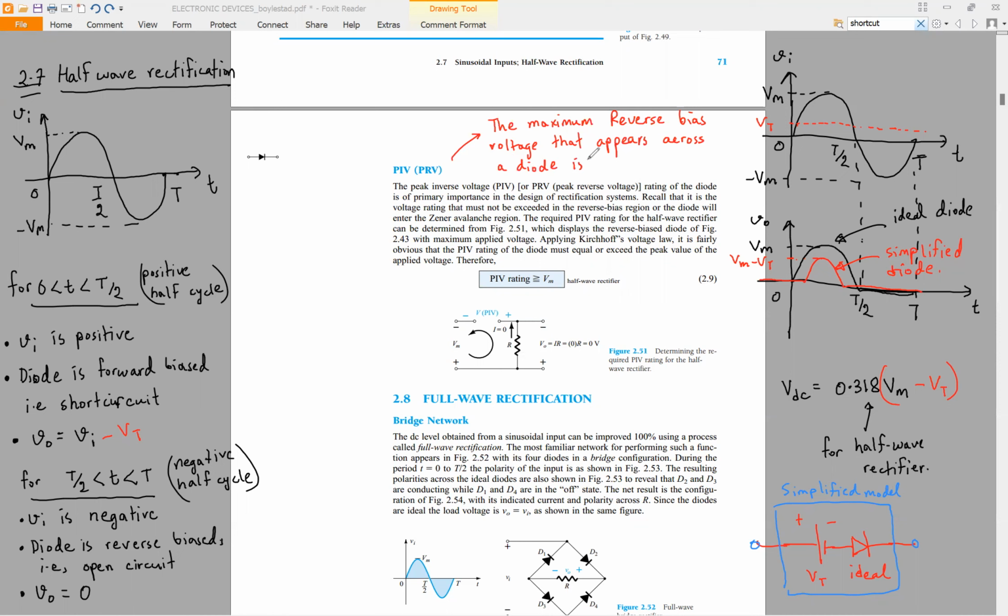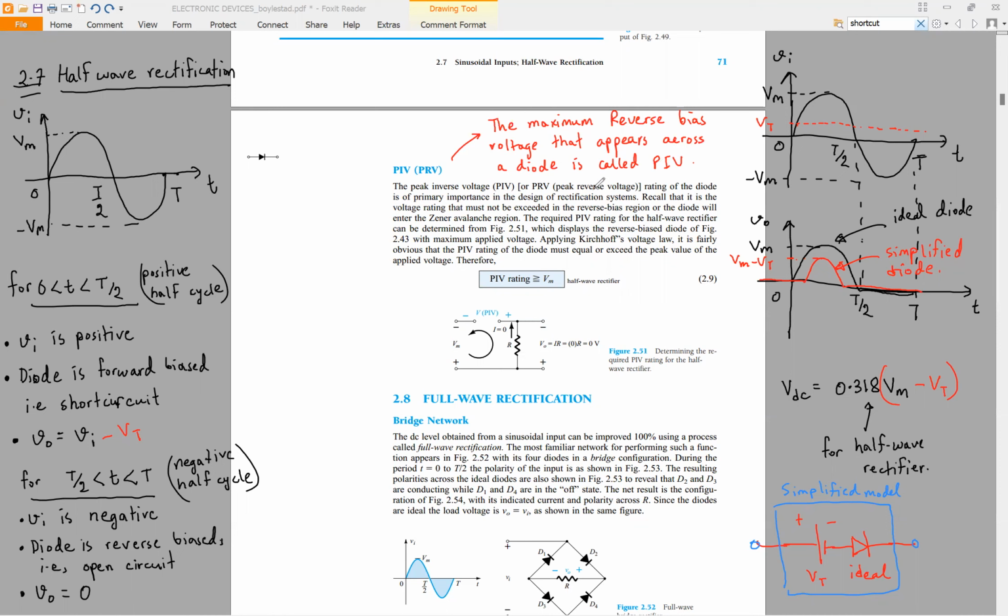PIV stands for peak inverse voltage. Peak means maximum, inverse means reverse bias, and voltage means voltage. Peak reverse voltage or peak inverse voltage.